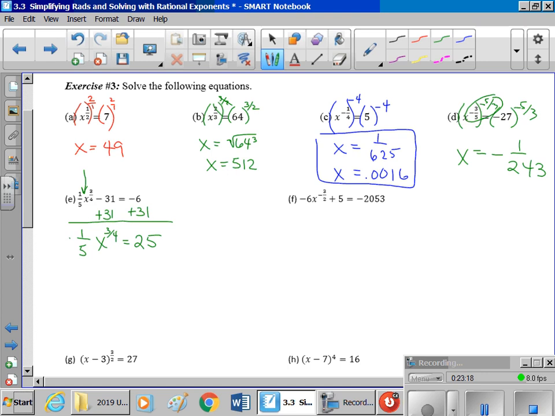So let's multiply both sides by 5. So I get x to the 3 over 4 is equal to 25 times 5, which is 125. And if I'm going to raise it to the 4 over 3, 125 raised to the 4 over 3 is equal to 625.